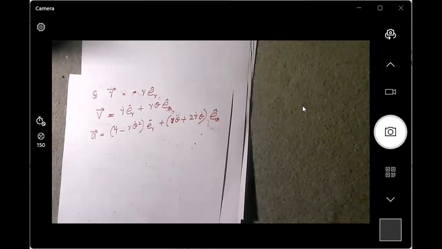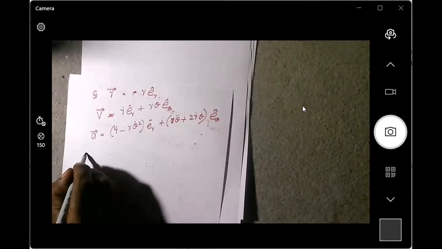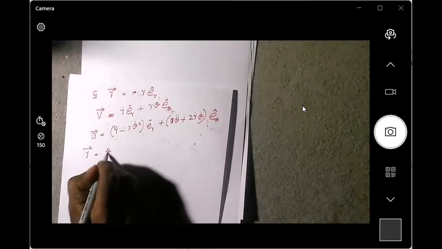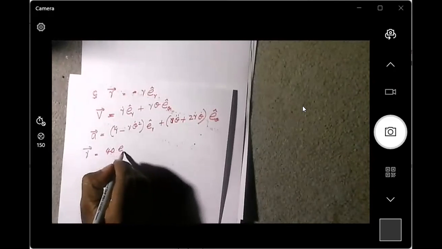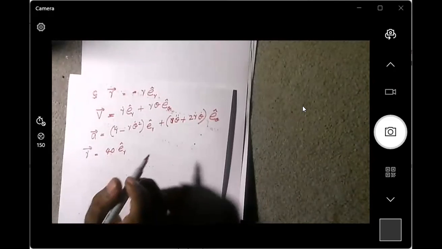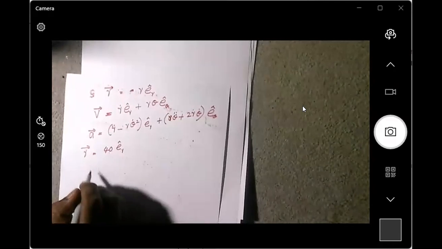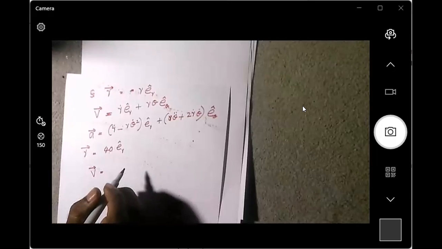This is the general case. Now we can simplify this to our situation. In our case, the position vector is 40 into er, or the radius is a constant. Right? When the radius is a constant, what does that mean when it comes to the velocity?